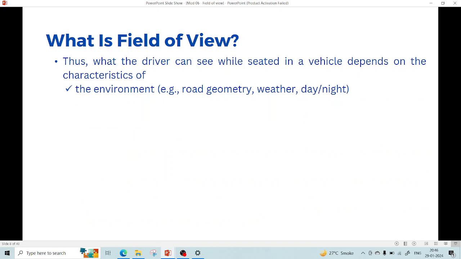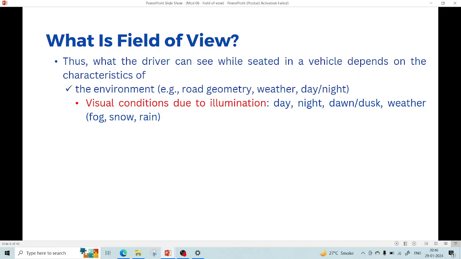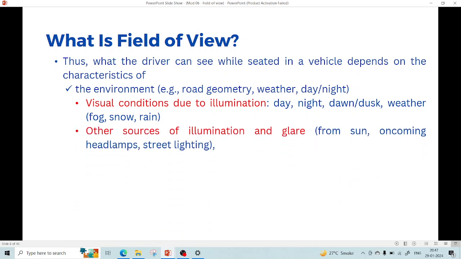The last one, other than your targets, is the environment in which you are driving that vehicle. That environment will have visual conditions due to illumination, that is daylight and night light, and weather such as fog, snow, and rain, all those changes in the conditions.